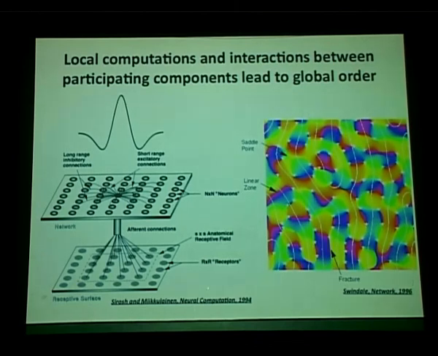So here we understand what kind of interactions exist between these different neurons and how they translate to structures like this, where global order emerges as a consequence of local computation as well as the interactions between these neurons. So the obvious question to ask is, what kind of local computations and interactions drive intraneuronal maps?